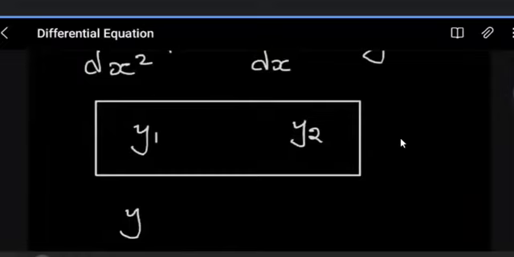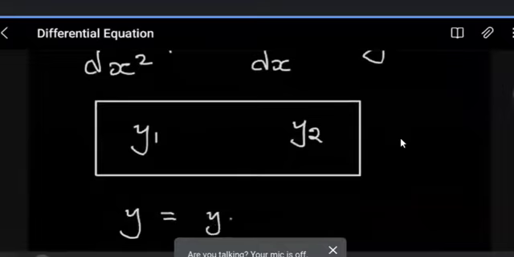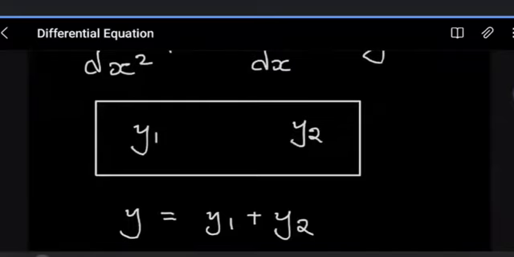So if y1 is a solution to a differential equation and y2 is a solution to the same differential equation, then even y1 plus y2 is going to be a solution to the same differential equation. A good example where this was demonstrated is what we saw when we were just verifying whether something was a solution. Let me show you.